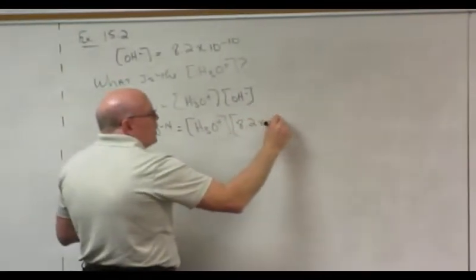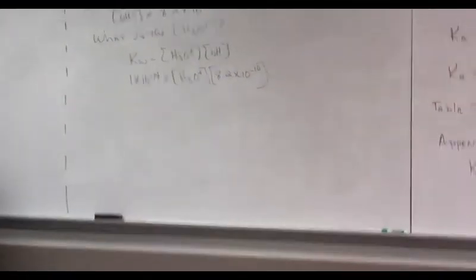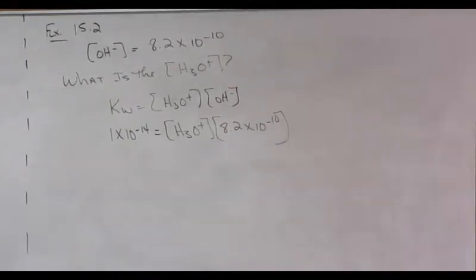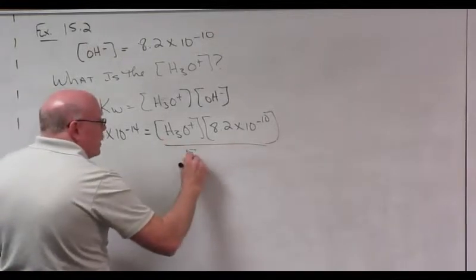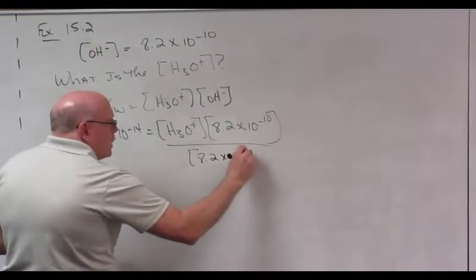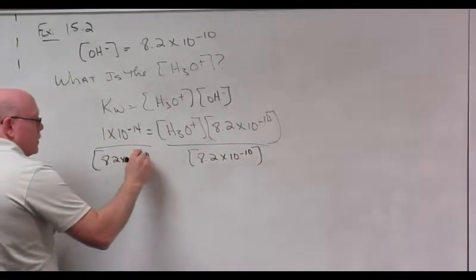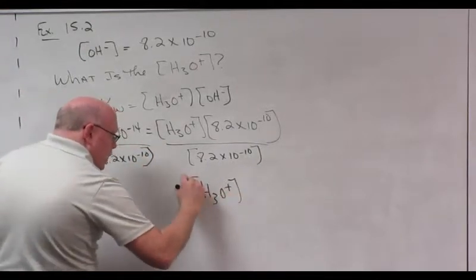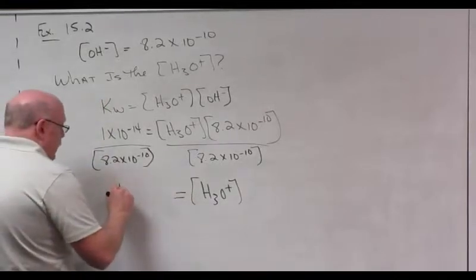We do know that hydroxide is 8.2 times 10 to the minus 10, so we can solve for H3O plus just by dividing both sides by 8.2 times 10 to the minus 10. If we do that, we get that the hydronium ion concentration is 1.22 times 10 to the minus 5.